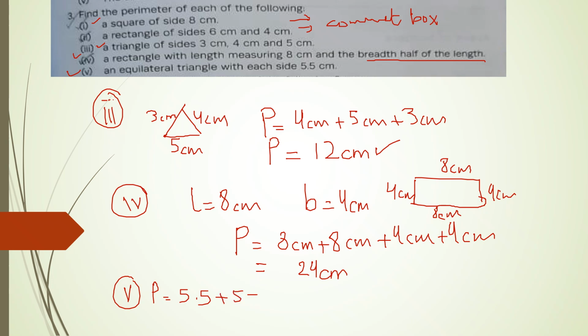So 5.5 plus 5.5 plus 5.5: 5, 10, 15, and then 0.5 plus 0.5 plus 0.5 is 1.5. So it will be 16.5, right? And what will be the unit? The unit will be centimeter.